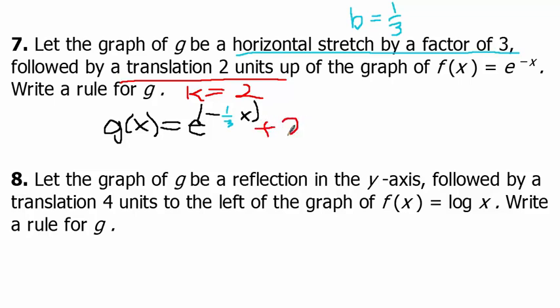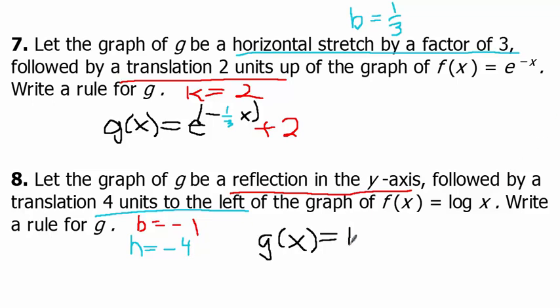Okay, reflection over the y-axis. That means b is -1. Translation, 4 left, h. Now left is negative, but when we plug it in, it's going to change the sign.